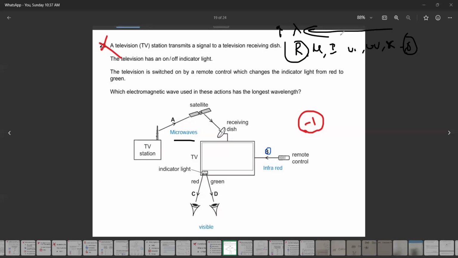Here we have microwave, visible light and infrared radiation. After radio we have microwave, then infrared, so the microwave has the longest wavelength here. You have to learn the order of the spectrum. Is it clear?